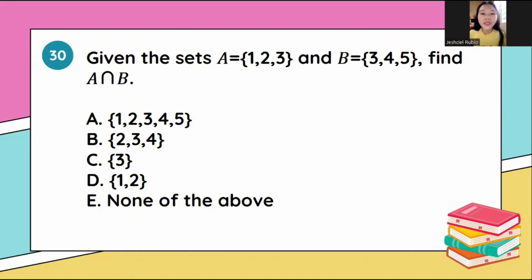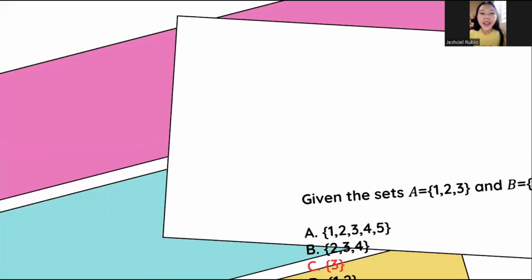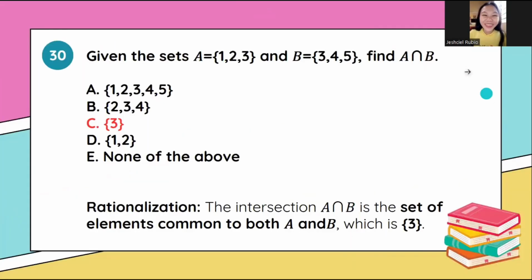So what do you think is the correct answer to this, guys? So the correct answer is letter C. We have the set of 3 because the intersection of A and B is the set of the elements common to both A and B, which is 3. So that's why the answer is letter C.